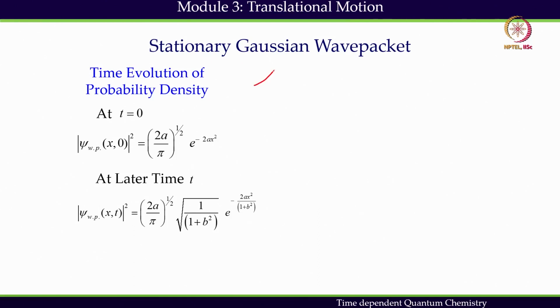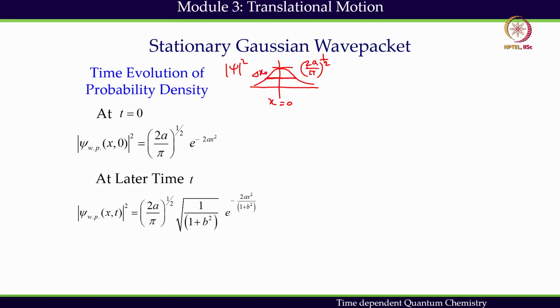So, I started with this which is centered at x equals 0 and this was the density, maximum is (2a by pi) to the power half, and initial width was delta x naught.